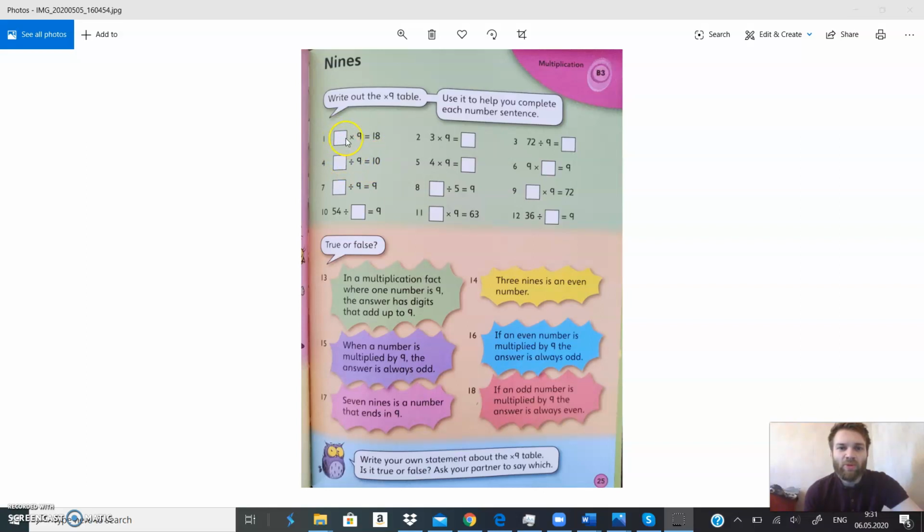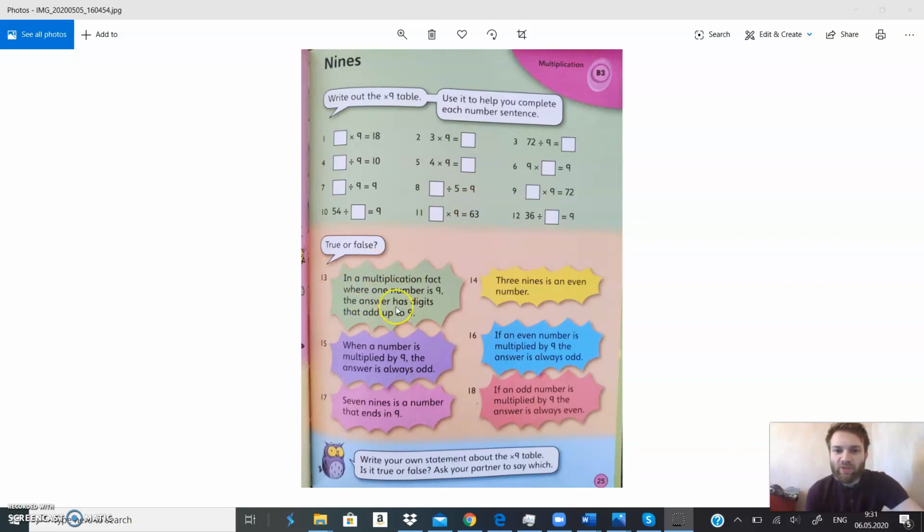And this one, something multiplied by 9 equals 18. Some of them you'll know from memory, but for the other ones you can follow the rules that we've learned, or you can look at the multiplication grid to fill any missing ones. After that, it becomes a little bit more difficult.